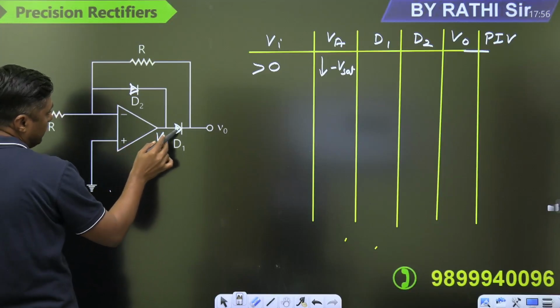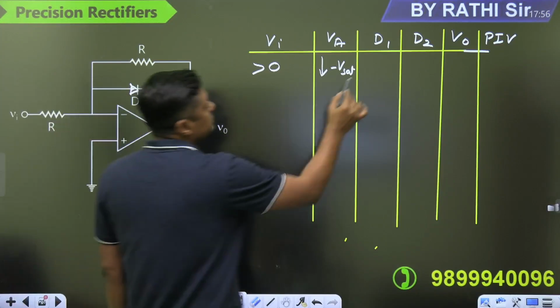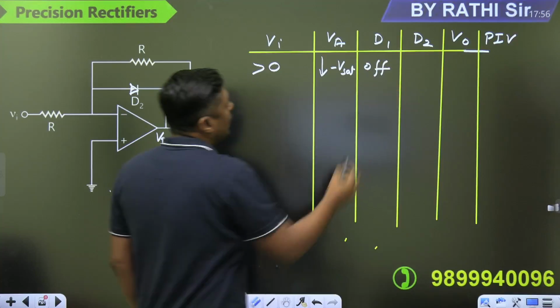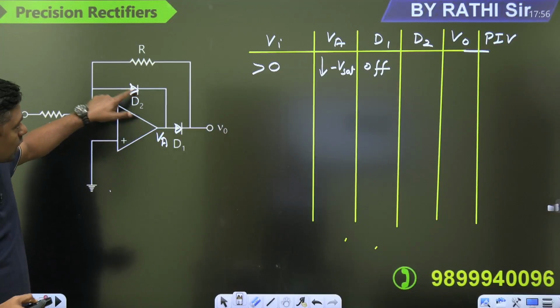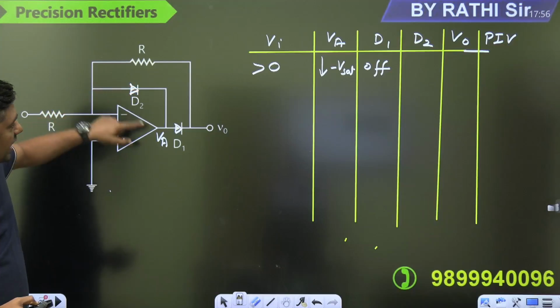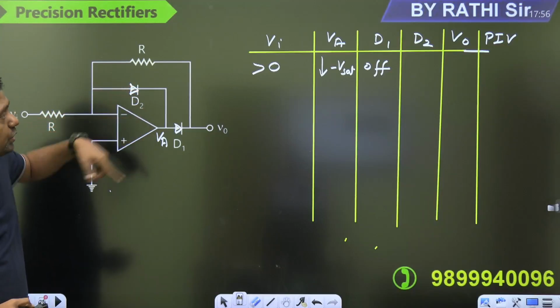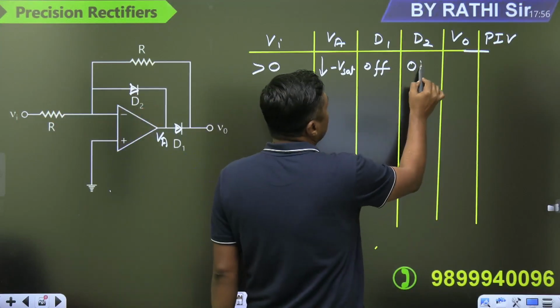Because of this negative value, D1 is reverse biased. This is connected to the cathode, the negative terminal of that diode, and because of this negative value, diode D2 will be forward biased, meaning on.